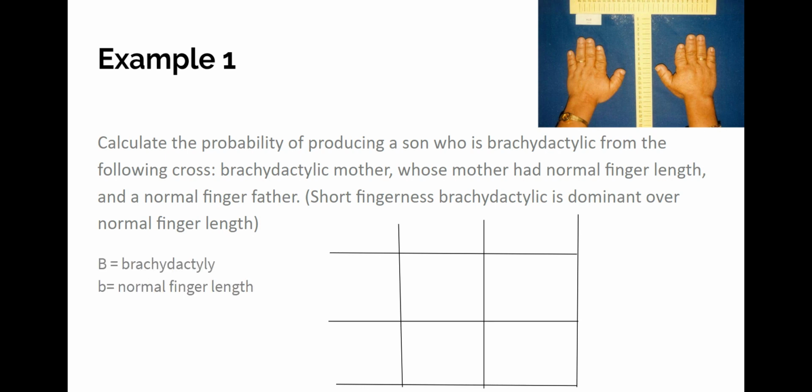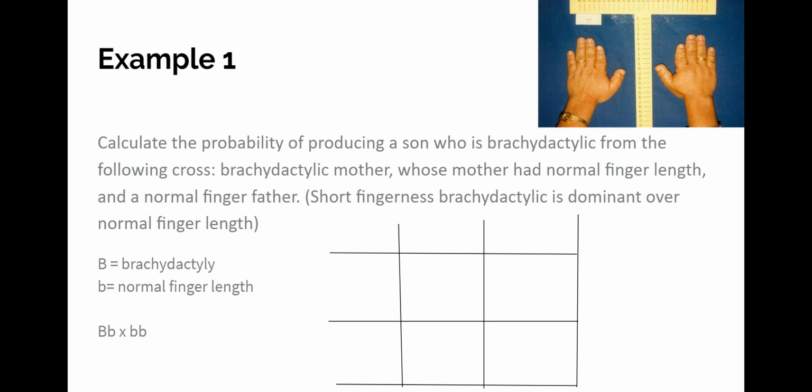First, we're going to come up with a legend. Here is my legend. Being brachydactyly is a big B, and normal length fingers is a little b. I'm going to figure out the chances overall of someone being brachydactyly or having normal fingers. So I'm going to cross my parents. So in here it says a mother who is brachydactylic, but whose mother had normal finger lengths.